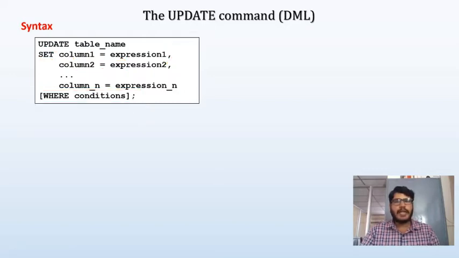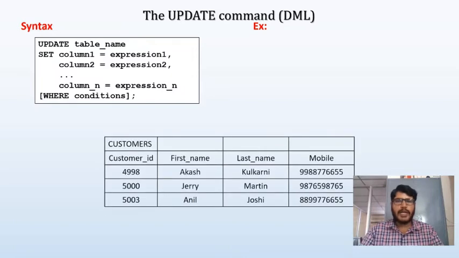Let us see one example here. Assume that we have already created a customers table with 4 fields: customer ID, first name, last name, and mobile. In this case, you can observe here we have included certain customer records as well.